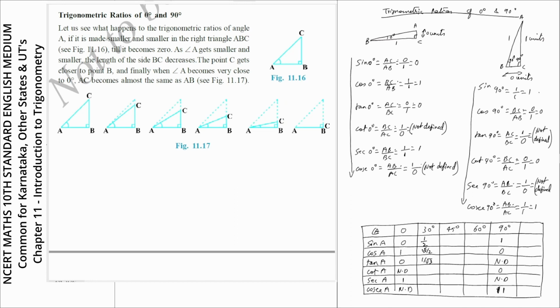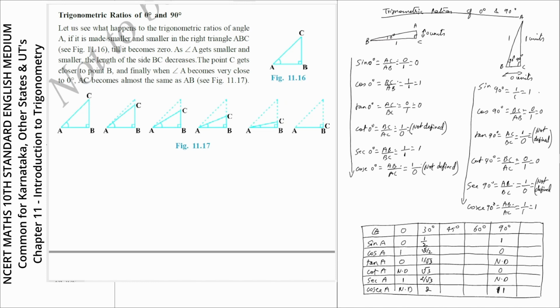Then cot of 30 degree I got as root 3, and secant of 30 degree I got 2 by root 3, and cosecant of 30 degree I got as 2.